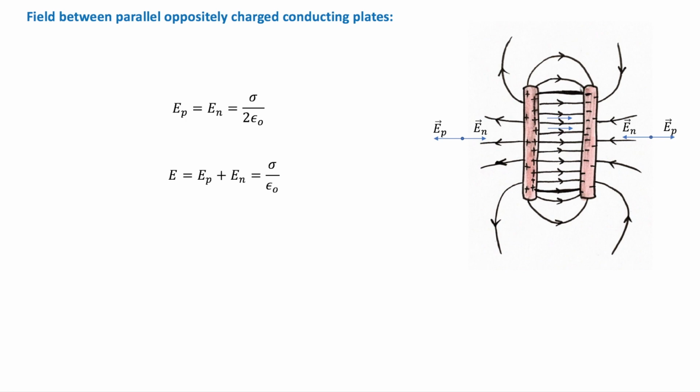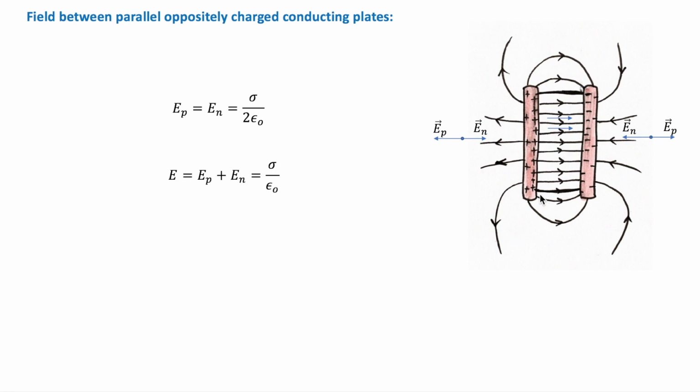So we will now consider the example of two oppositely charged parallel conducting plates. Consider two large conducting plates of equal and opposite charges. So the surface charge density is plus sigma and minus sigma here. And we want to find the electric field in the region between the plates. As you can see, in this region E is constant in both magnitude and direction. So this configuration is a way to achieve uniform electric fields, okay?